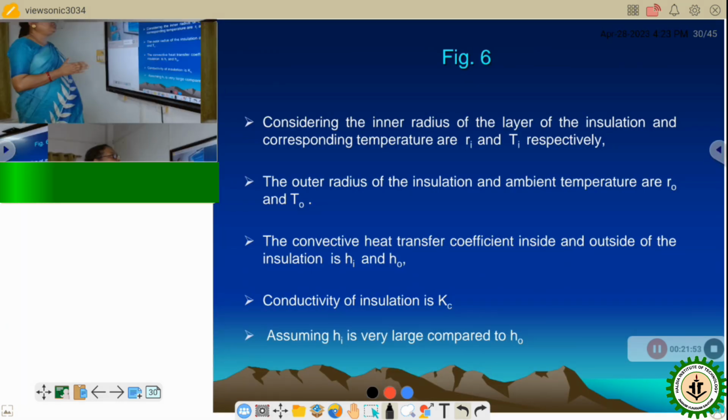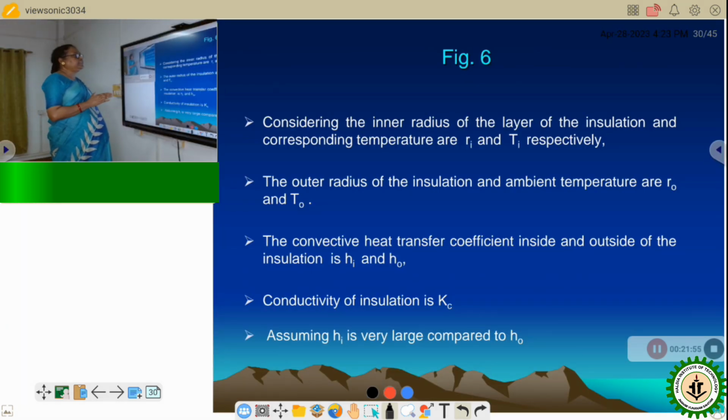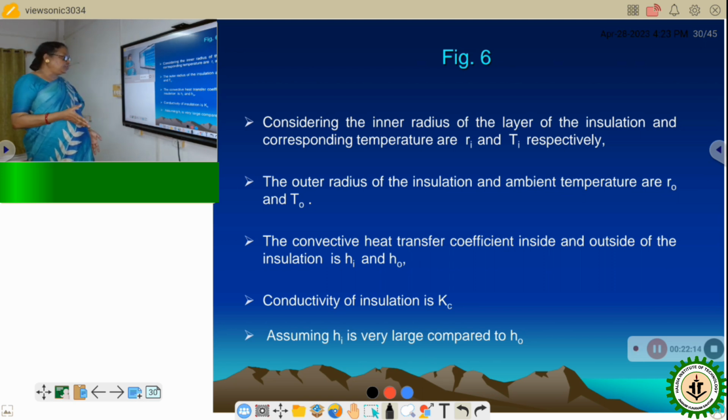And from these two diagrams, considering the inner radius of the layer of the insulation and the corresponding temperature as Ri and Ti respectively, the outer radius of the insulation and the ambient temperature are Ro and To. The convective heat transfer coefficients inside and outside of the insulation are Hi and Ho. Conductivity of the insulating material is Kc.